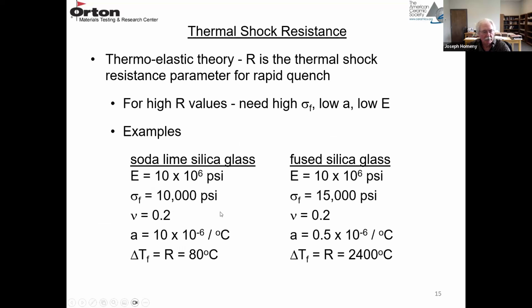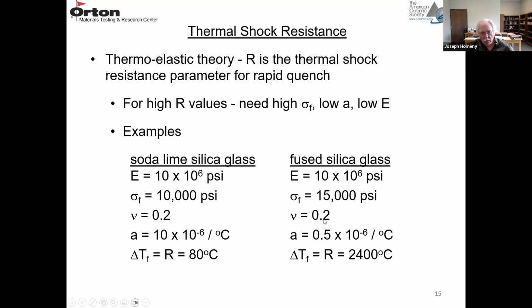They usually go together. So here's a simple example, a soda lime silica glass versus a fused silica glass. They both have about the same elastic modulus, 10 times 10 to the 6 psi, so 10 million psi. The soda lime silica glass is about 10,000 psi for the strength. The fused silica glass is a little stronger, maybe 15,000 psi.